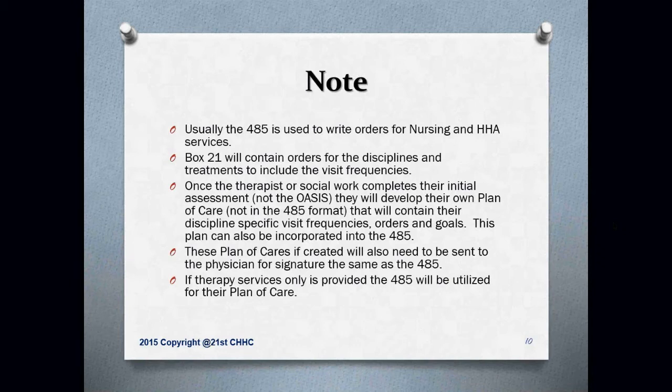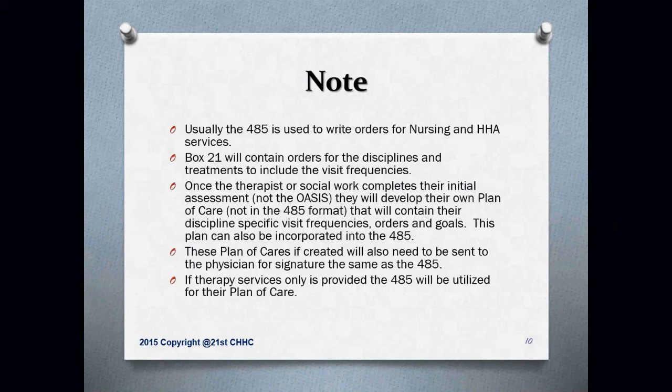Box 21 is going to contain orders for the disciplines and the treatments, and that also includes the visit frequency. So usually the nurse will go out and do the admission assessment, and if nursing is going to be in with the patient, even if there's therapy or a social worker or home health aides, the nurse has to be the one completing the OASIS C. That's a Medicare rule.